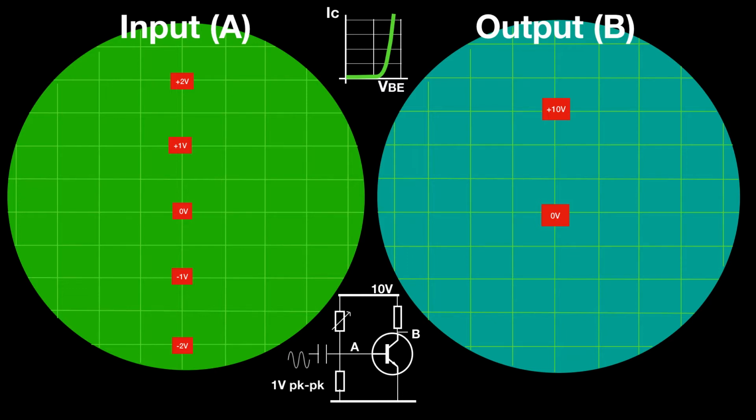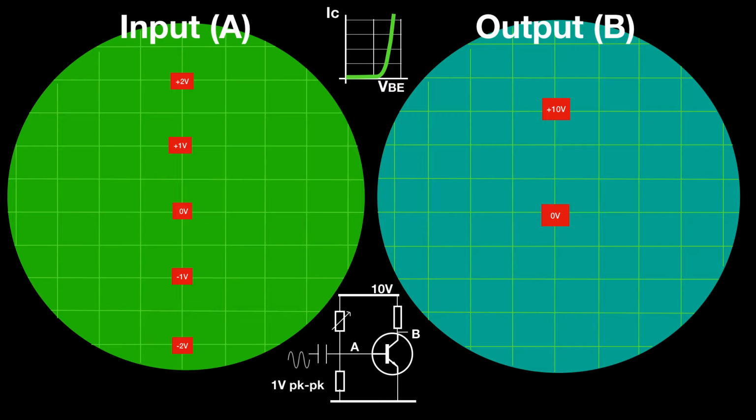And the thumbnails at the top and the bottom there are for reference. The thumbnail at the top is the ICE VBE graph, which we should be able to draw, showing the knee at about 0.6 or 0.7 volts. And the thumbnail at the bottom is our test circuit with a potential divider and our NPN transistor.